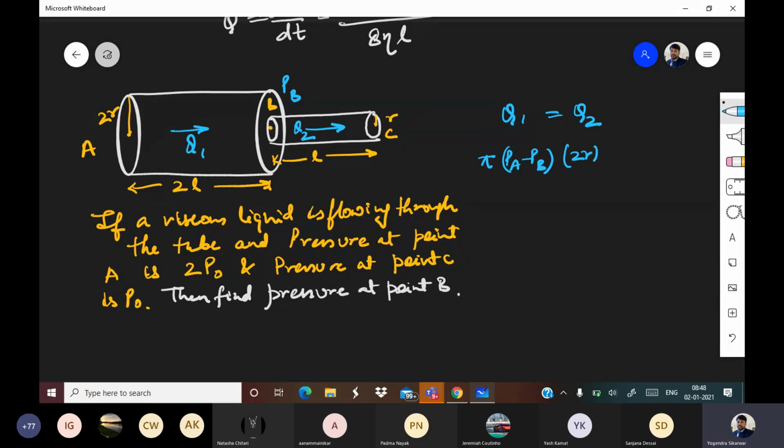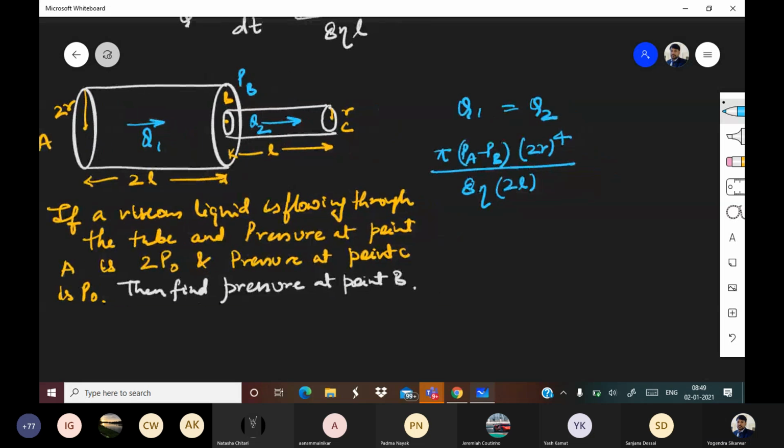R is here 2R, upon 8 into neta into 2L. And that must be equal to pi into delta P, which is PB minus PC, into R to the power 4, because for this part radius is R, upon 8 into neta, and here L is L. All right. Any doubt in this step?